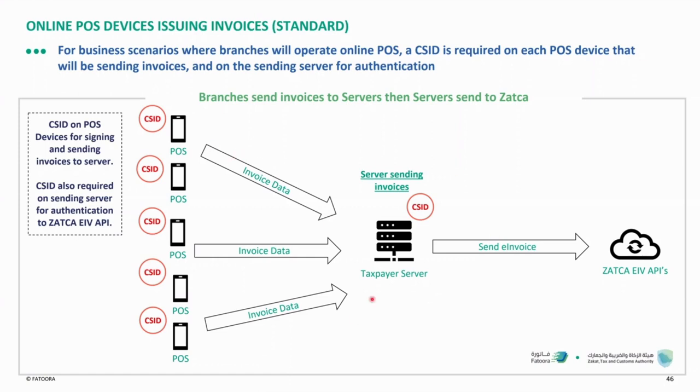No, we will have some sort of consolidation server where we'll have all the invoices populated or sent to a central server, and this server will be able to send it to Zatka server for the final submission. So here, since these individual machines are actually issuing the invoice, then they have to have the CSID. And similarly, since this one is sending the invoice to Zatka, then this also will have to have a CSID.